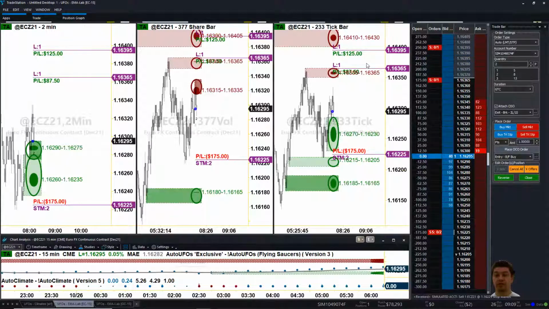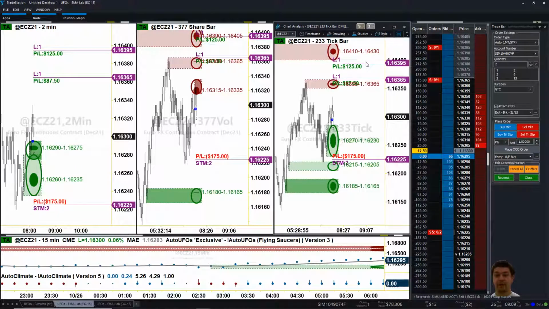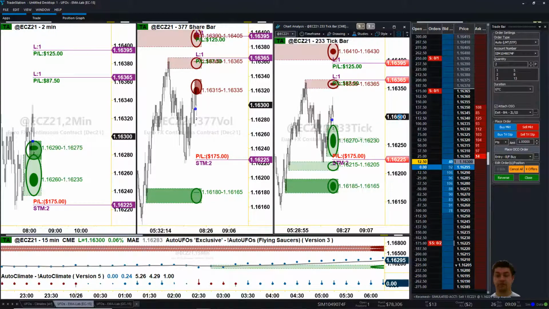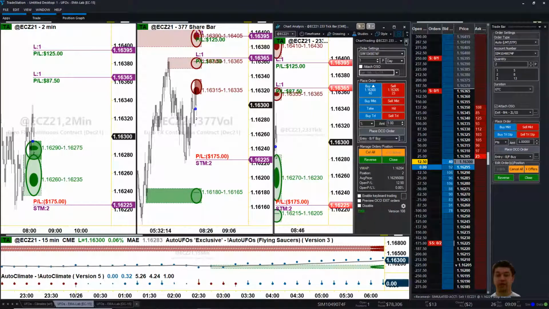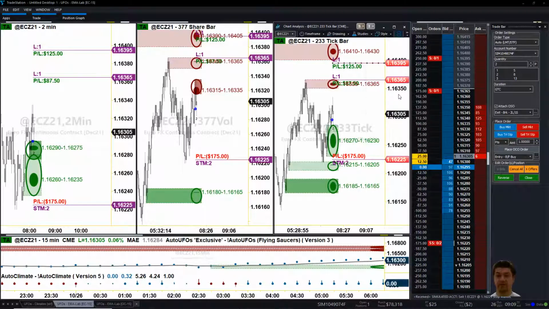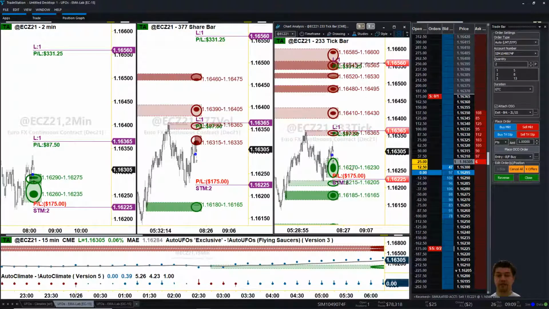So 165.60, which is quite far up there. So I'm just going to enable some chart trading here so I can just go ahead and edit that easily. So 165.60. Replace that order. Yes. Boom. So our trade is set.